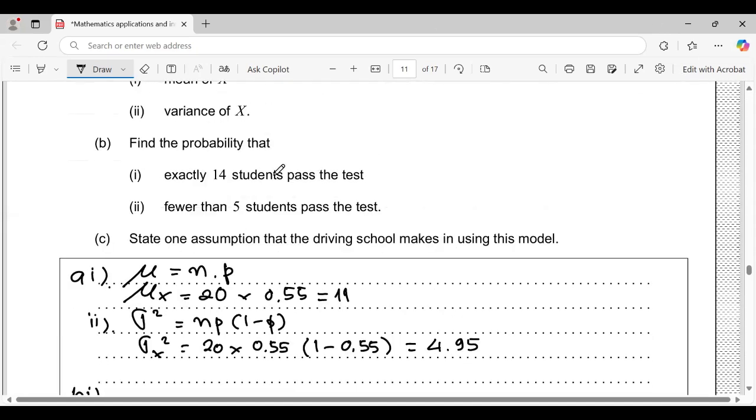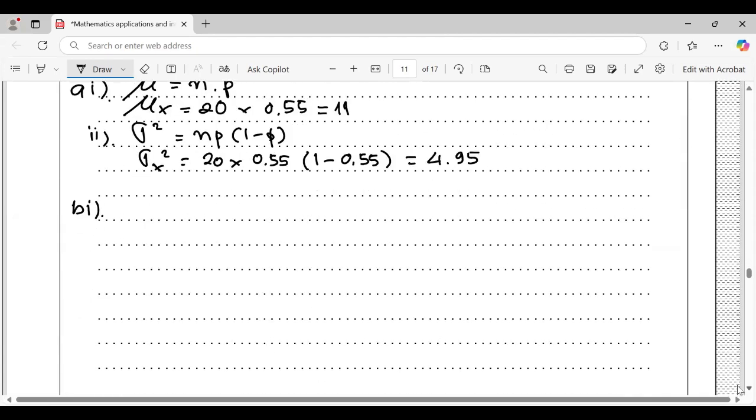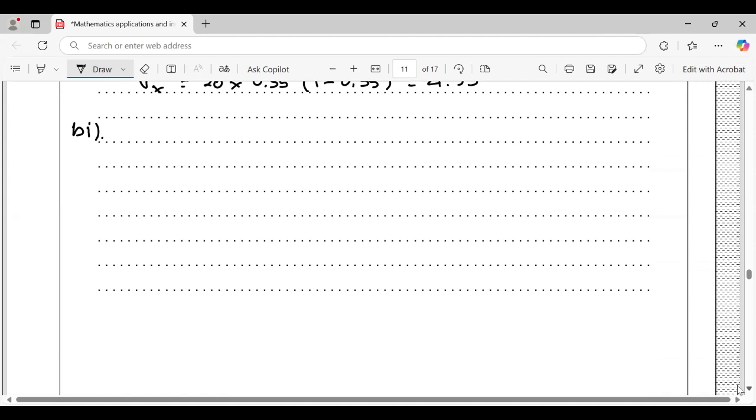Next question, B, part 1. Find the probability that exactly 14 students pass the test, and that fewer than 5 students pass the test. For exactly 14 students, we use the probability formula: the probability x equals k equals the combination n choose k, times p to the power k, times 1 minus p, or q, to the power n minus k.